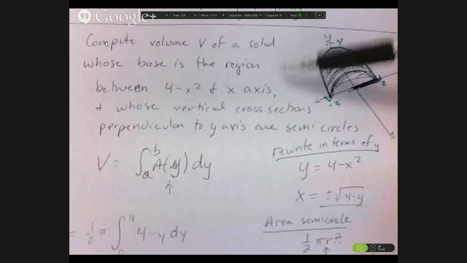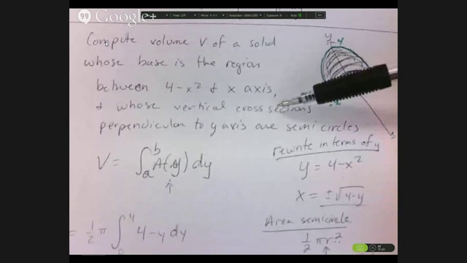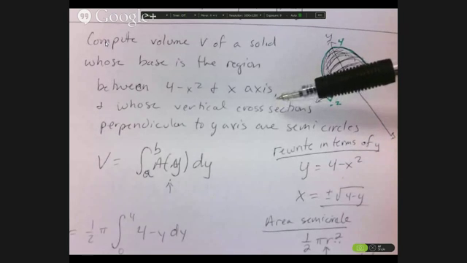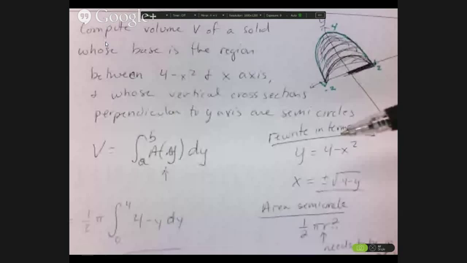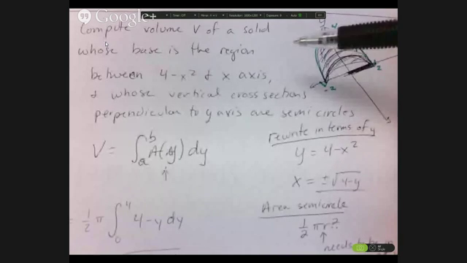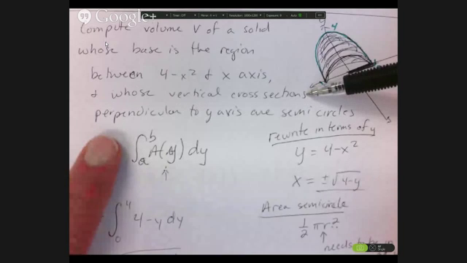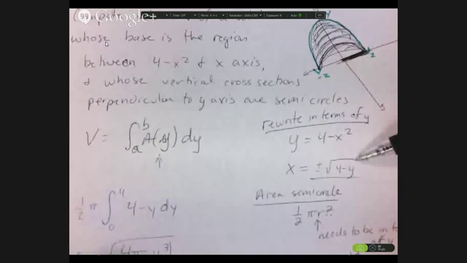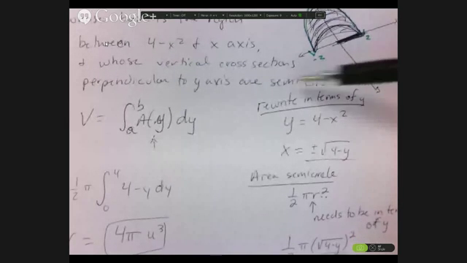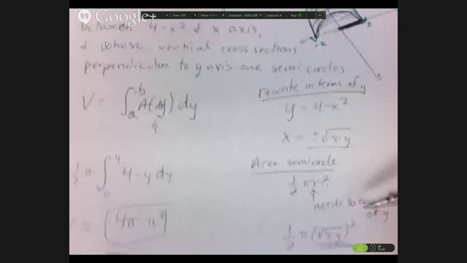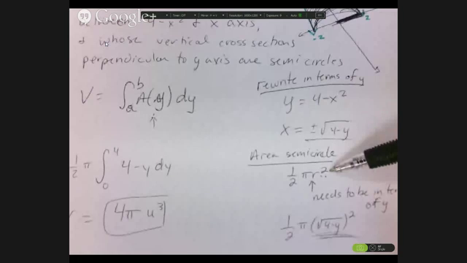These problems explain to you basically what you need to do. The vertical cross sections are perpendicular to the y-axis. We need to have this in terms of y. And it's a semicircle, so we need to have the area of a semicircle.